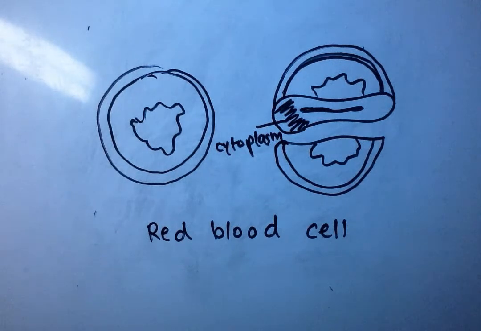As a result, oxygen can diffuse into and out of the whole cell at a faster rate. And that is why the red blood cell has specialized itself so that it can perform this specific function of transporting oxygen from the lungs to all parts of the body at a faster rate.